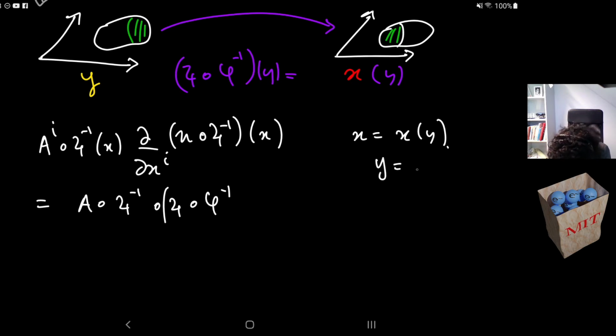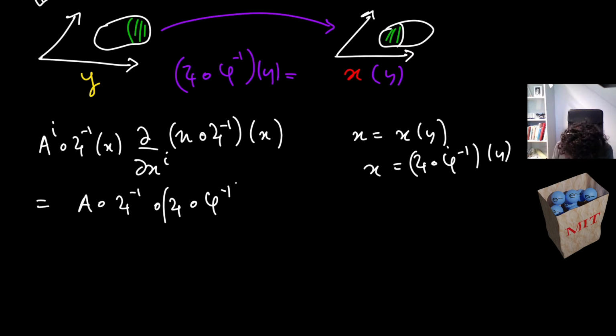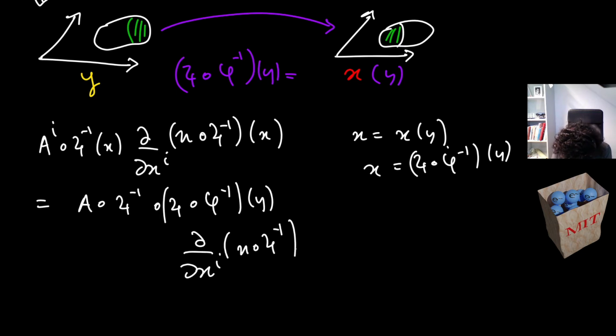So my x is equal to psi composed with phi inverse at y. That's what I'm putting in here. So now I have d on dx_i of u composed with psi inverse at psi composed with phi inverse at y.